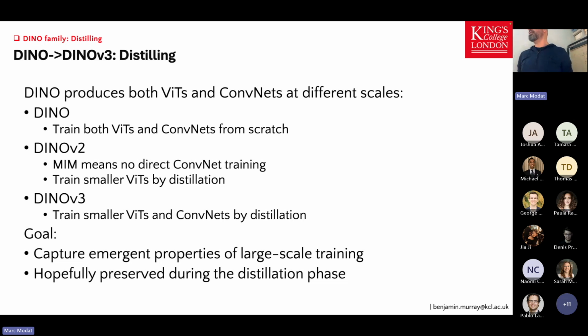Now, the rationale for this is if you get emergent properties at scale by training models at scale, but you cannot get them by training smaller models, your best chance to keep any of those emergent properties is to hope they survive the distillation process. And so this is essentially what they're doing.